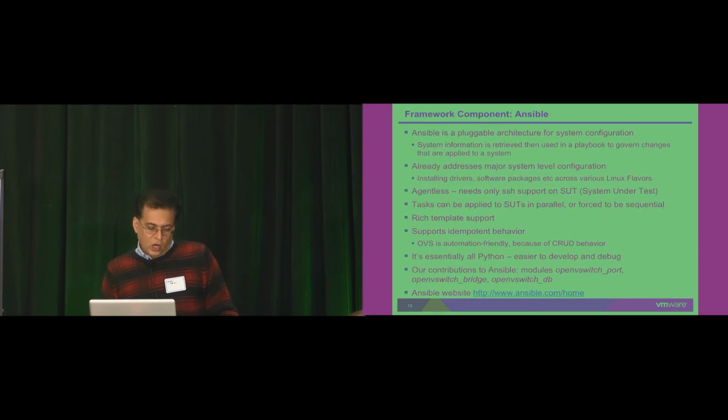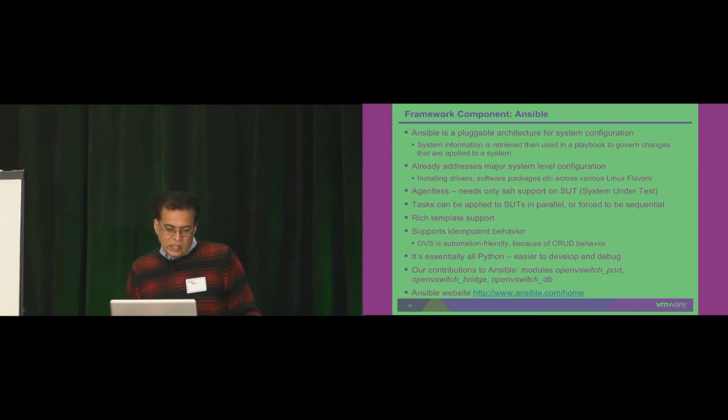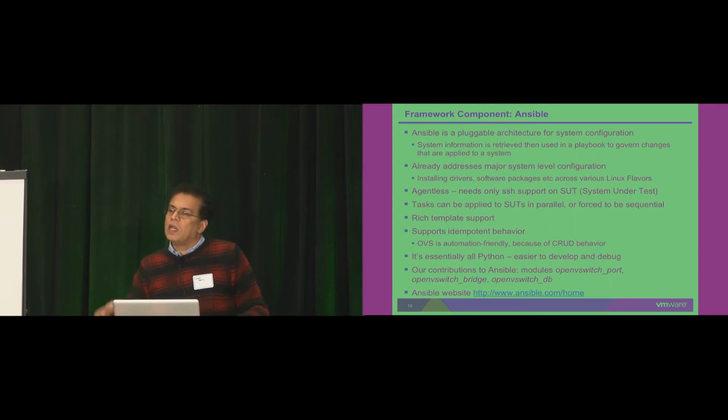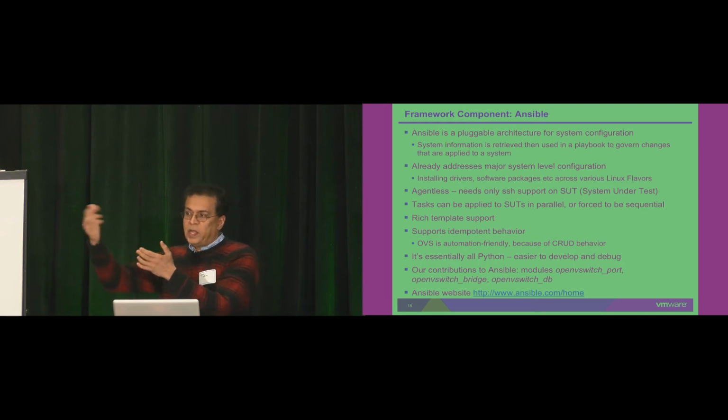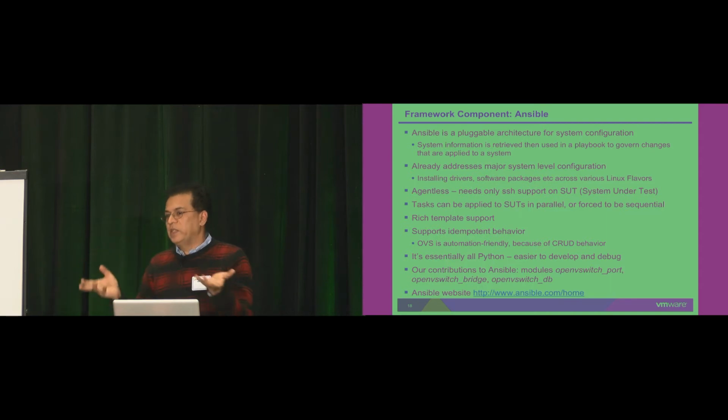Since we use Ansible a lot, a little more about that. We chose it because it has a nice architecture where in a playbook you specify the desired state of the system, and if the system is already in that state, Ansible checks and won't make any changes. If it's not, it'll make just the required changes, and it'll tell you what it changed. So it's pretty efficient.